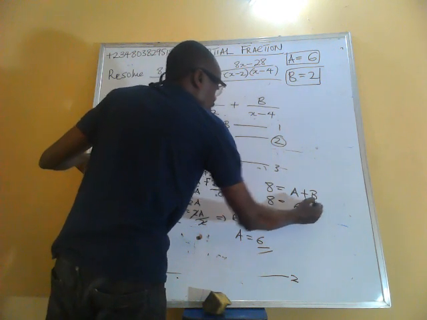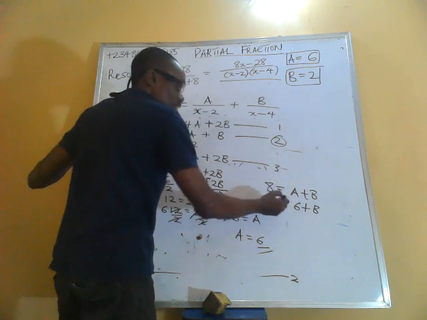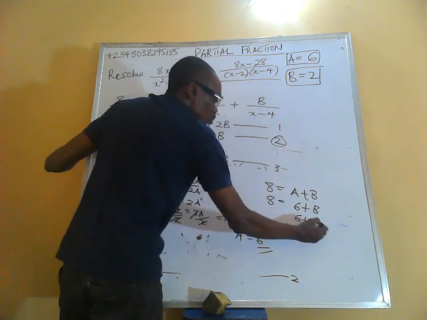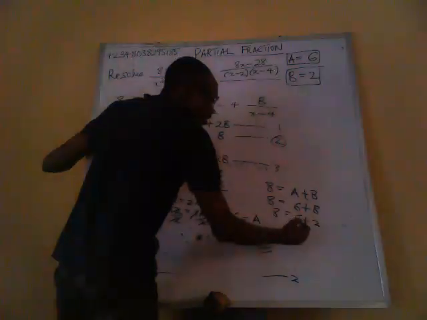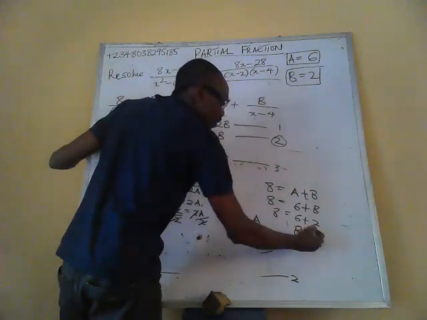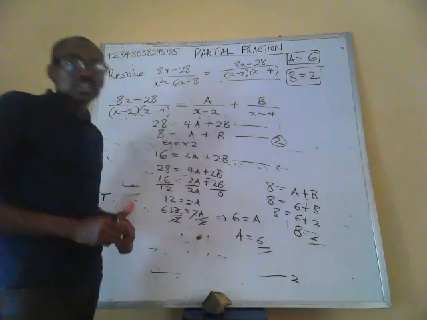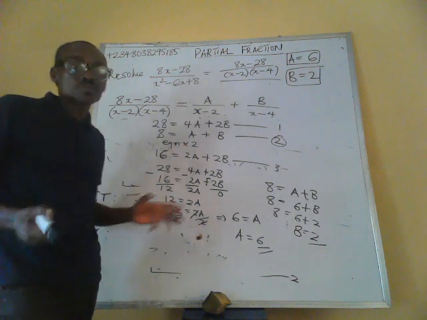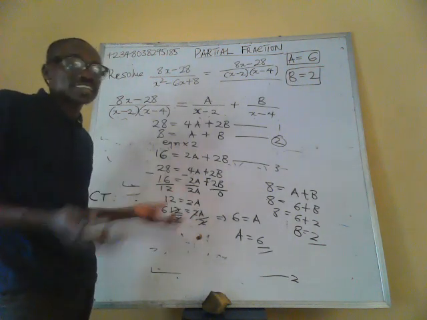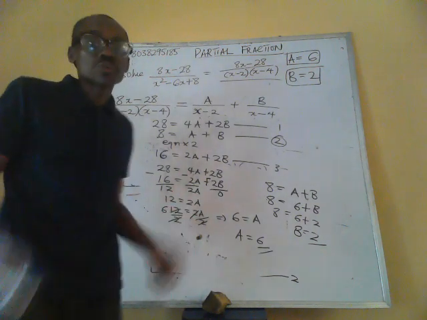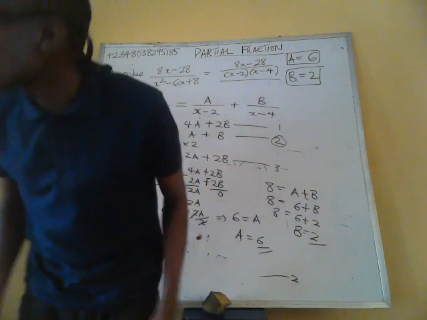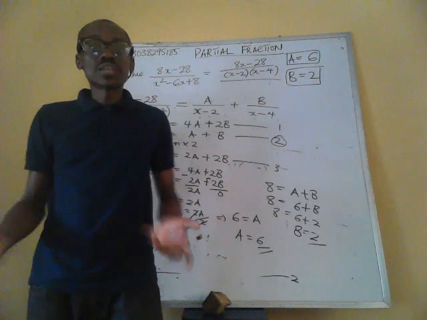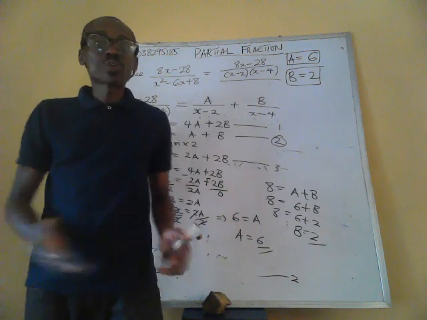So if a is 6, 6 plus what will give you 8? 6 plus 2 will give you 8. So that implies that b is 2, just like before. So we've gotten a as 6 and b as 2 once more. So it is solved.